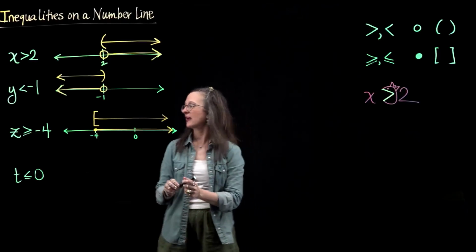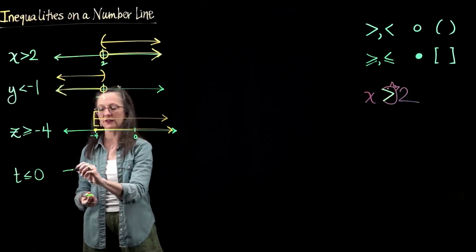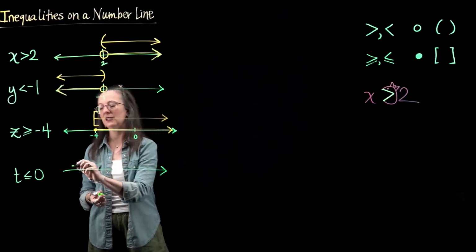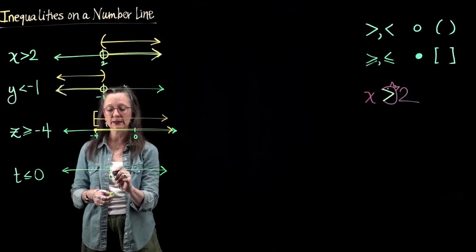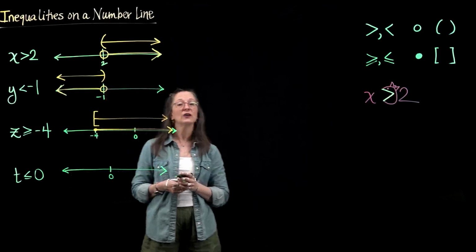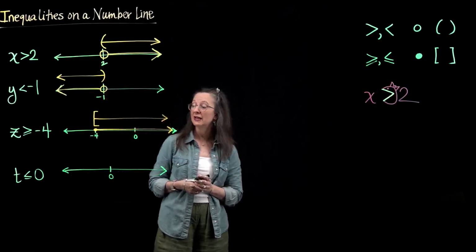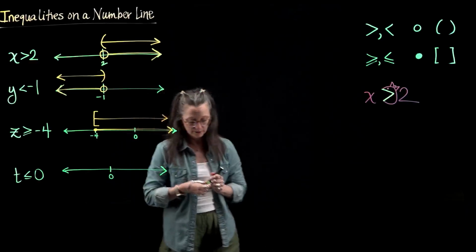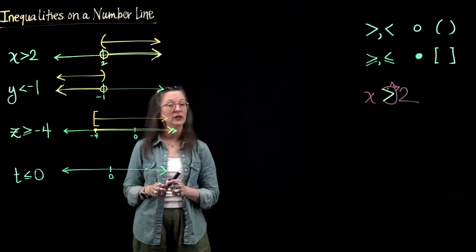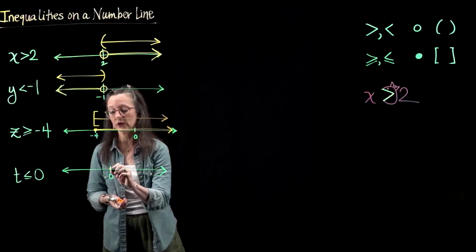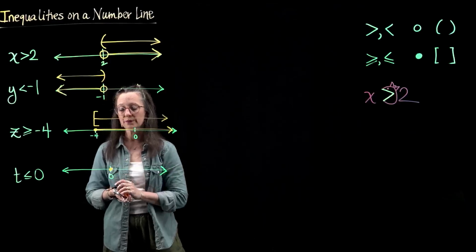All right, last I have t less than or equal to 0. Again, I'm going to draw my number line, that horizontal line with arrows on both ends. I'm going to mark the value that we're concerned about in the middle, and that's 0. All right, I want t less than or equal to 0, so I will have a closed dot on 0.